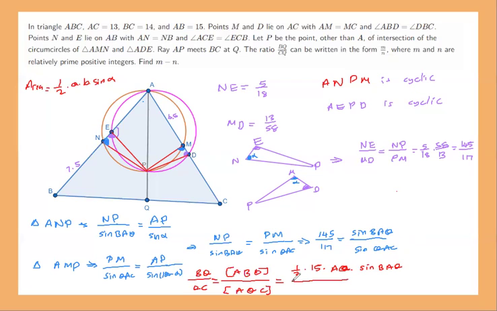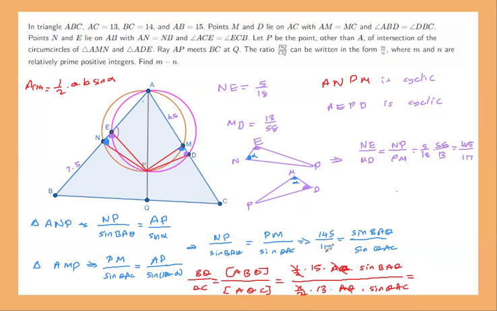This gives us the area of the triangle ABQ. And the denominator is 1/2 times the side AC, which is 13, times AQ, the common side, times the sine value of the angle right here, QAC. These are conveniently canceling each other. What we are left with is 15 times sine BAQ divided by 13 times sine QAC.